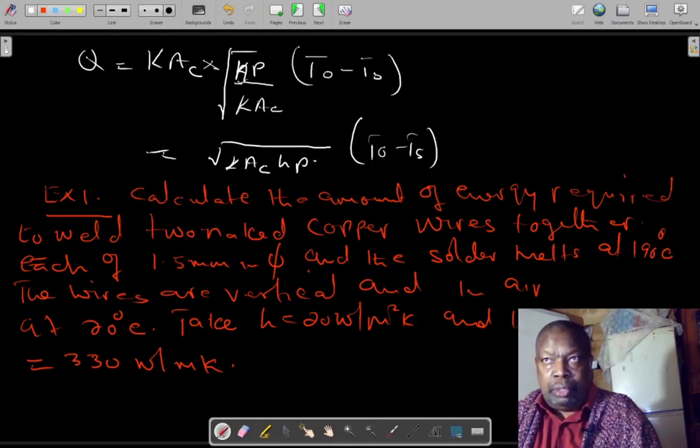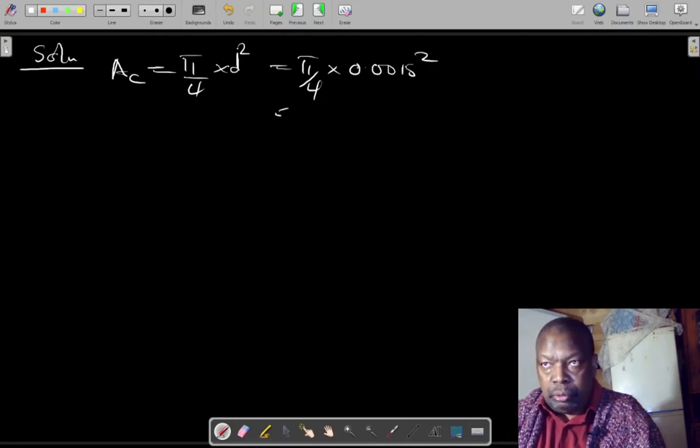So let us have a look at the solution. We'll first start by having a look at the area, and the area is pi by 4 times d squared, which is equal to pi by 4 times 0.0015 squared, which is equal to 1.767 times 10 to the power of negative 6 meters squared.